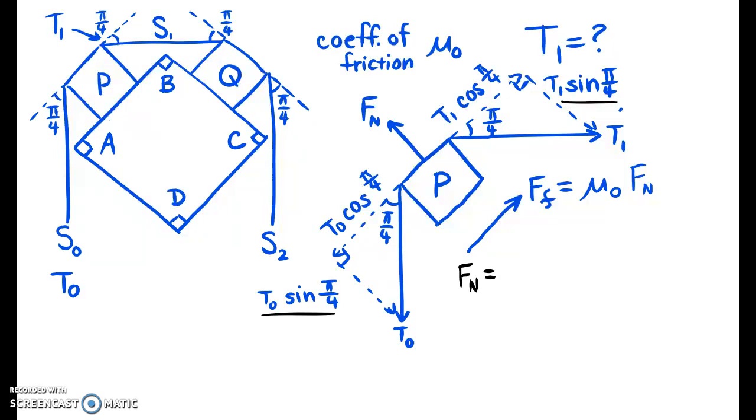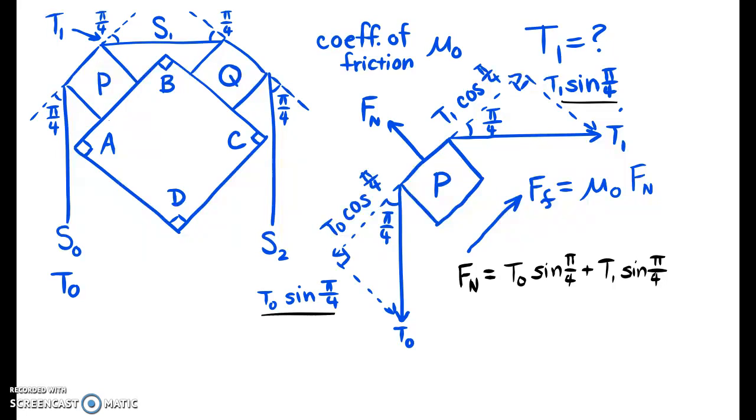So we say Fn is equal to T0 times sine of pi over 4 plus T1 times sine of pi over 4. Let me write these pi's again. So the two tensions have components that are perpendicular to AB.